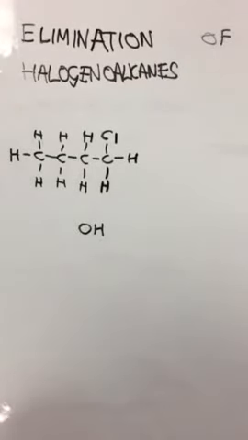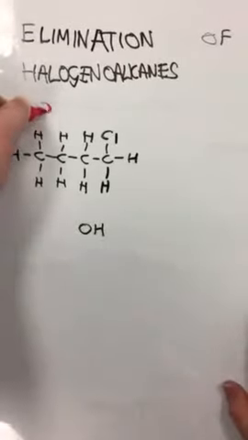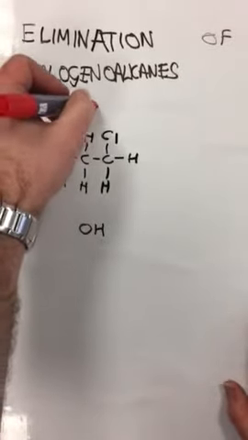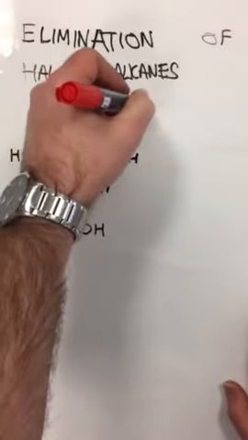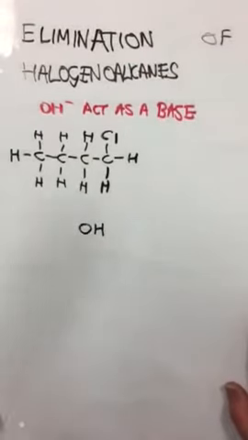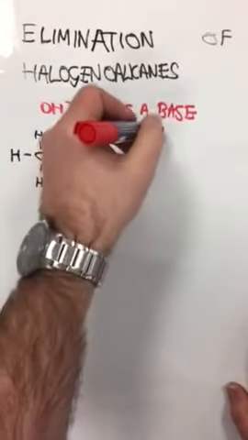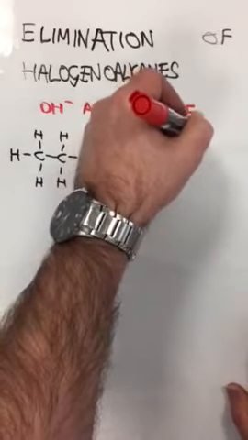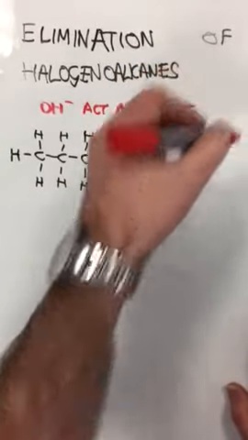This video is talking about the elimination reaction of halogenoalkanes. In this reaction, hydroxide ions act as a base, and a base is something that accepts a proton, and this occurs when the reaction is conducted in ethanol under hot temperatures.